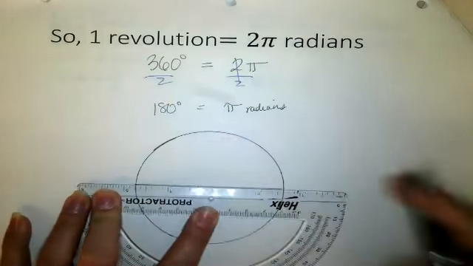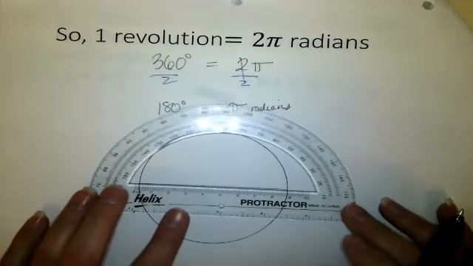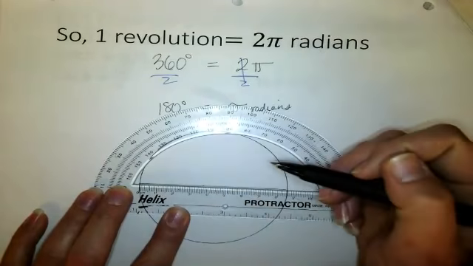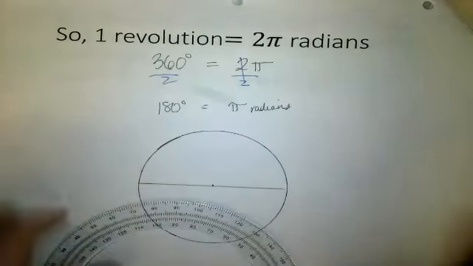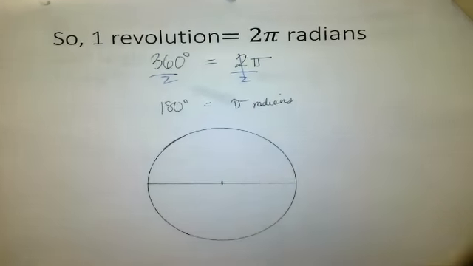Roughly pretty close there. Looks about right. Diameter. I'm also going to cut that diameter in about half if I can. There we go. So I am creating a circle. I've marked my center. I have a diameter. Very, very important.